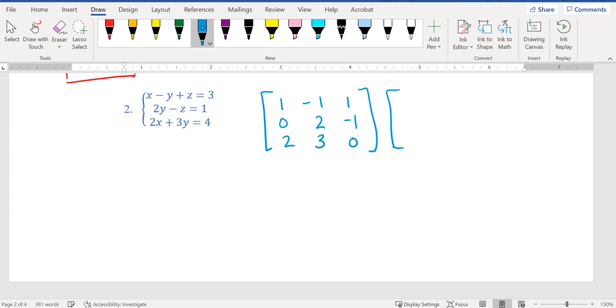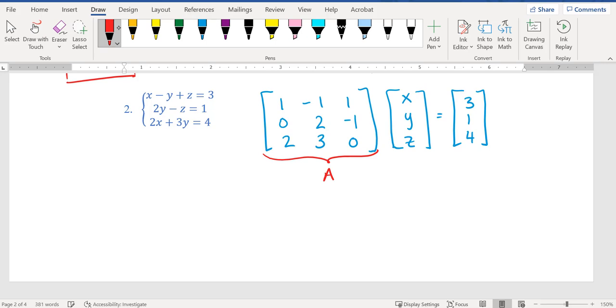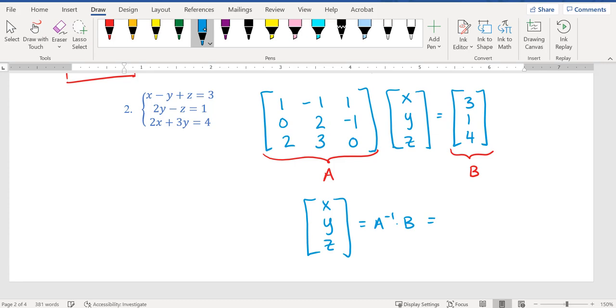My variable matrix is x, y, z, and my constant matrix is 3, 1, 4. Okay, I'm going to put this in as matrix A, and this in as matrix B, and then to solve the system for x, y, and z, I would need to type in A inverse times B and see what that is.